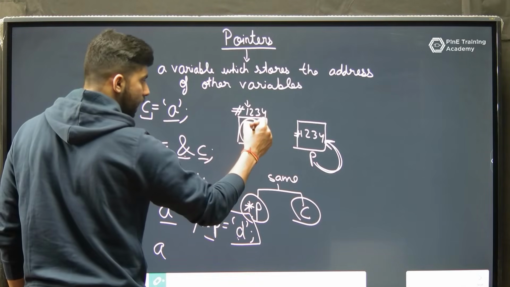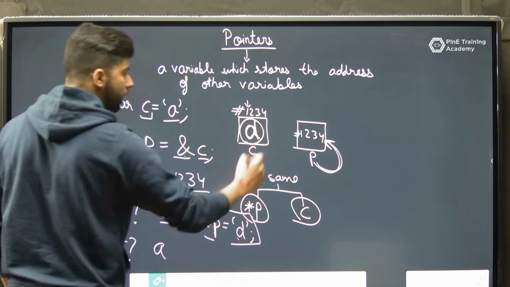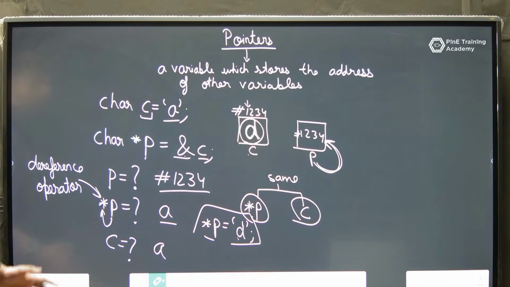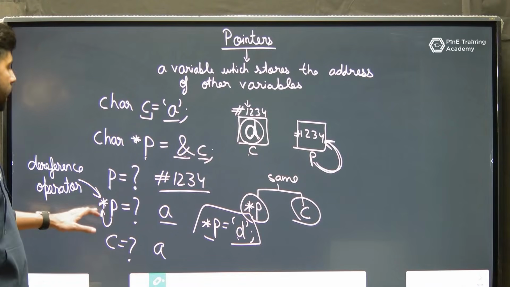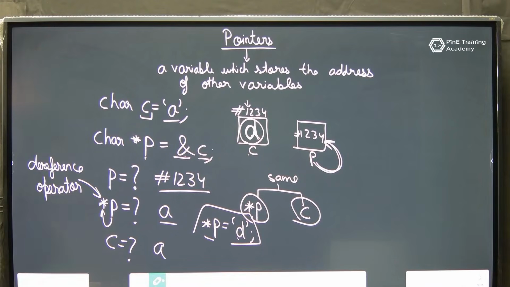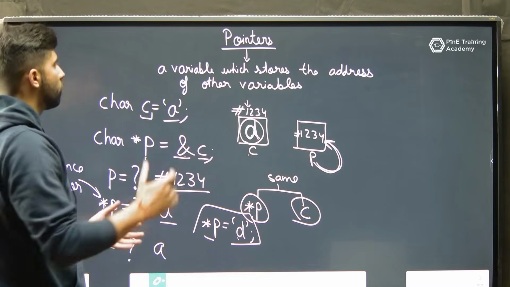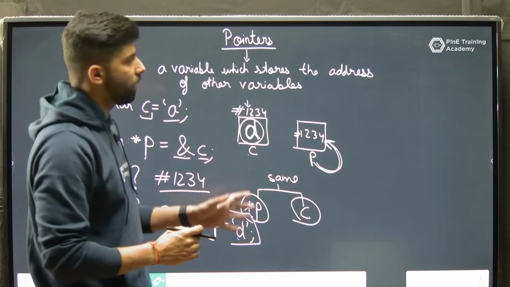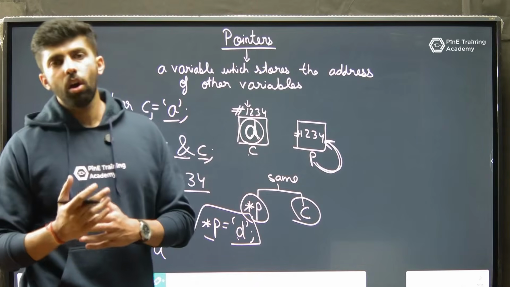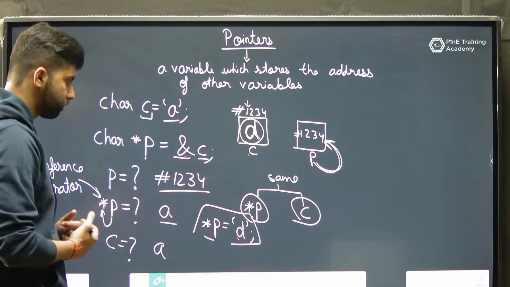So I will change the value at this particular location. So this is the dereference operator in case of pointers. Just remember that pointers are variables which store the address of another variable.